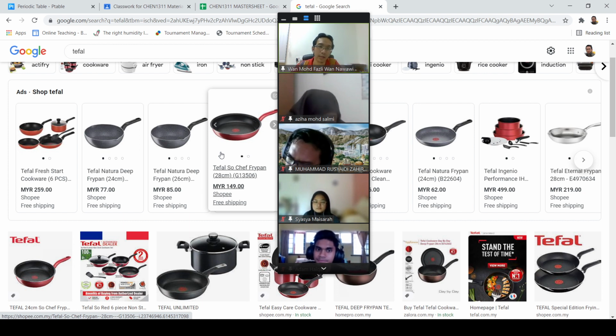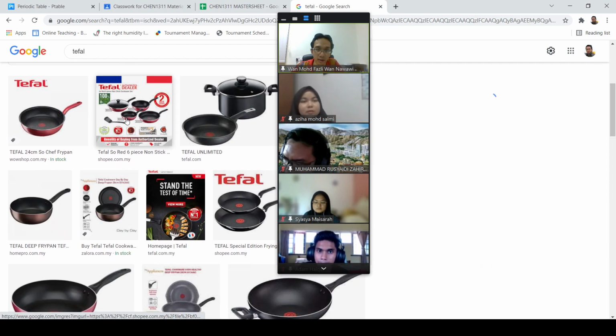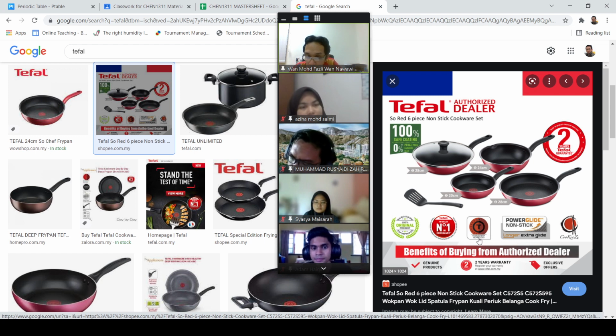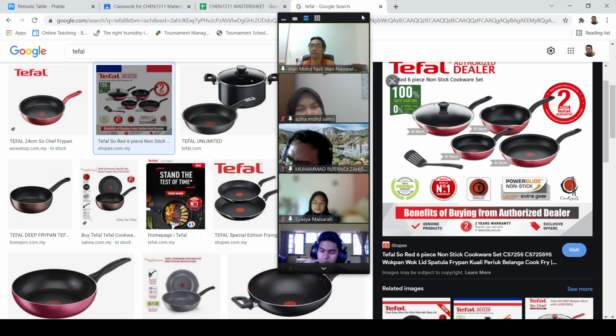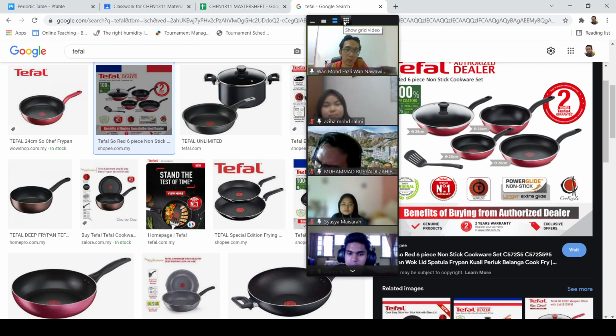Normally the non-magnetic one is cheaper. For example, here you can see the thermopot. There are certain Tefal you cannot use on the induction cooker, and there are some you can use. So knowing about the material, the metal itself, will help you get the idea of all this.